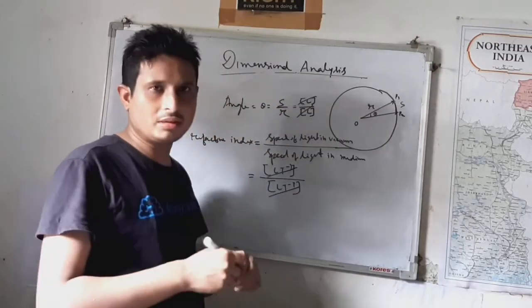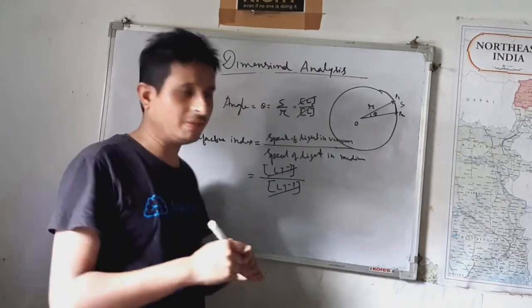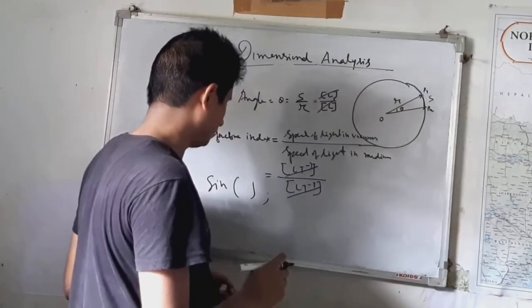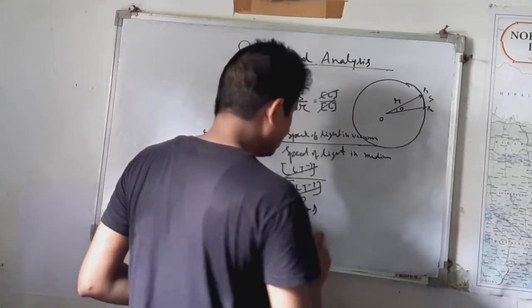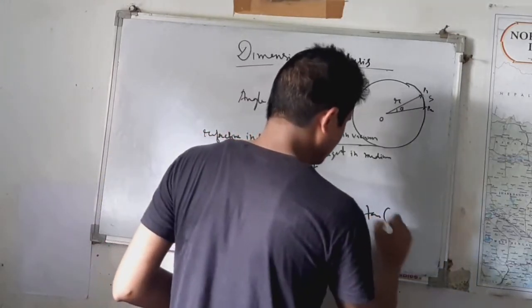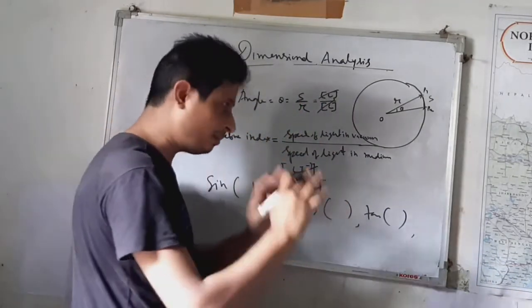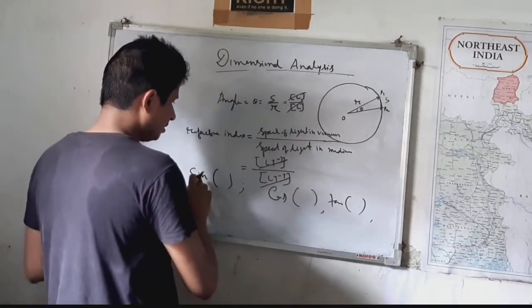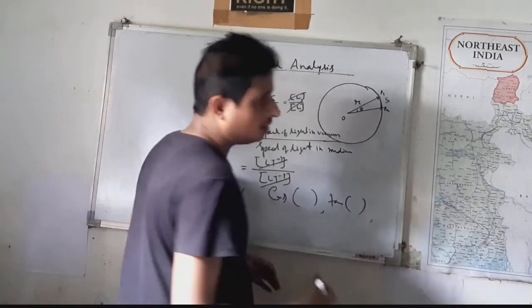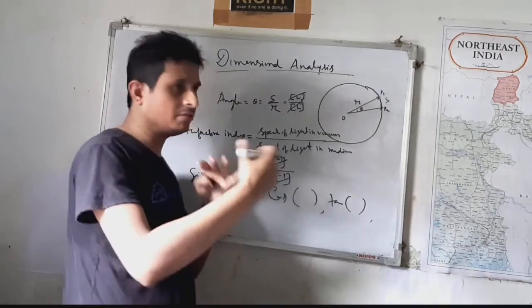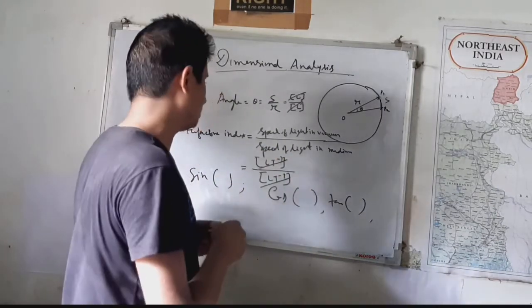Some other dimensionless quantities are arguments of special functions like trigonometric functions: sine of something, cos of something, or tan of something. So this bracket term should be dimensionless. Sine, cos, tan, cot, sec and cosec, all these trigonometric function arguments are always dimensionless.